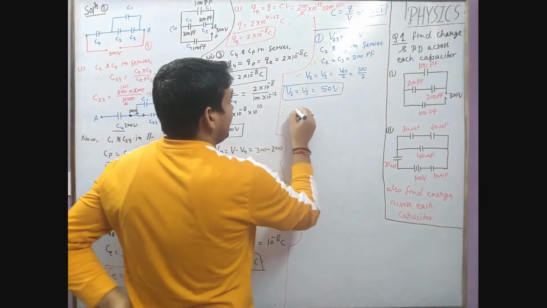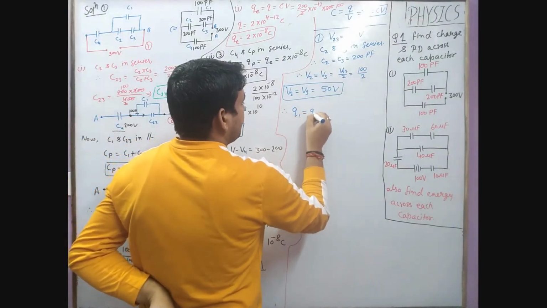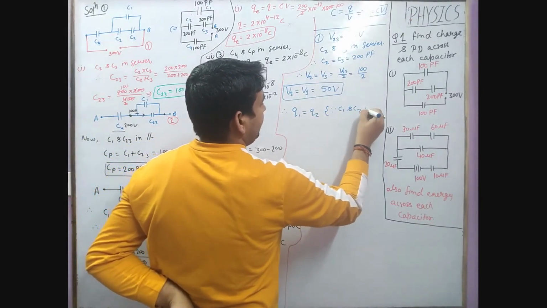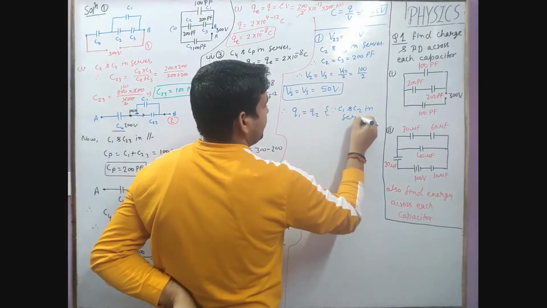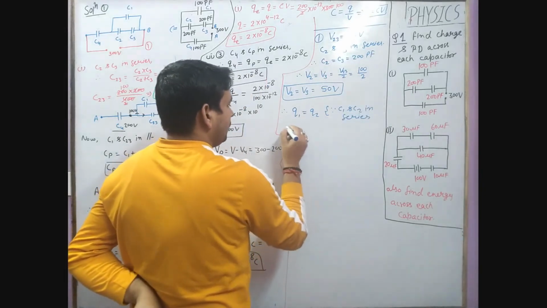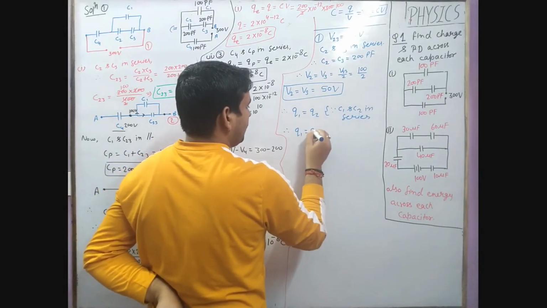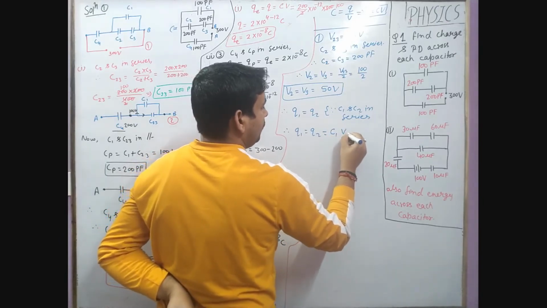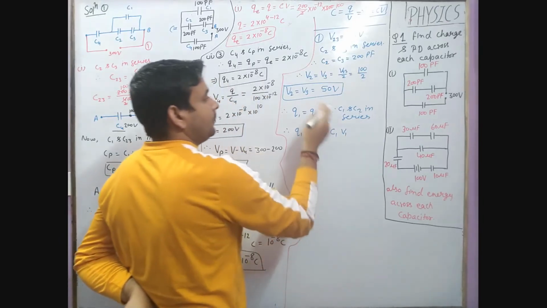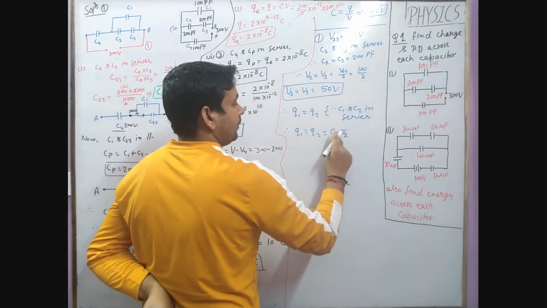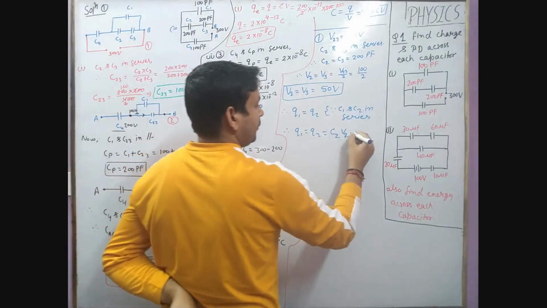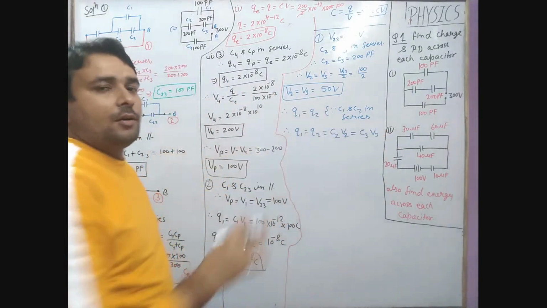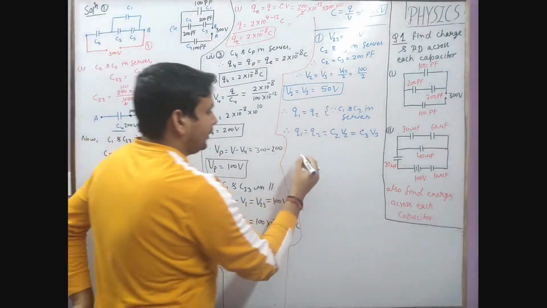Now Q1 equal to Q2 because C1 and C2 are in series. Therefore, we can calculate that Q1 equal to Q2 by using any of the values of C2 into V2, or C3 and V3. For any value you will get the result.